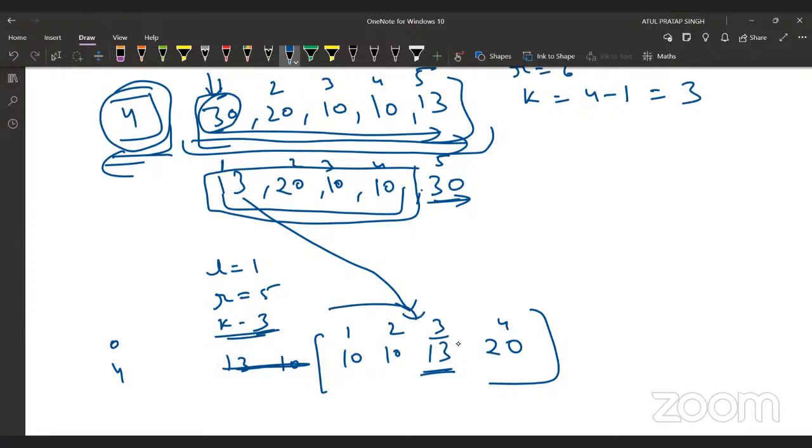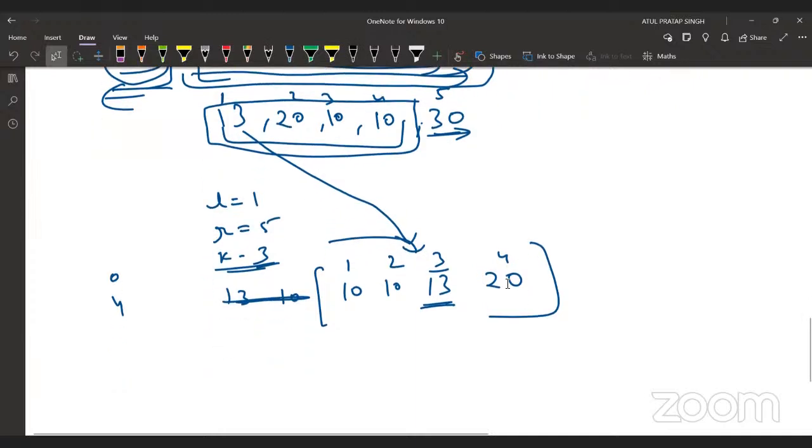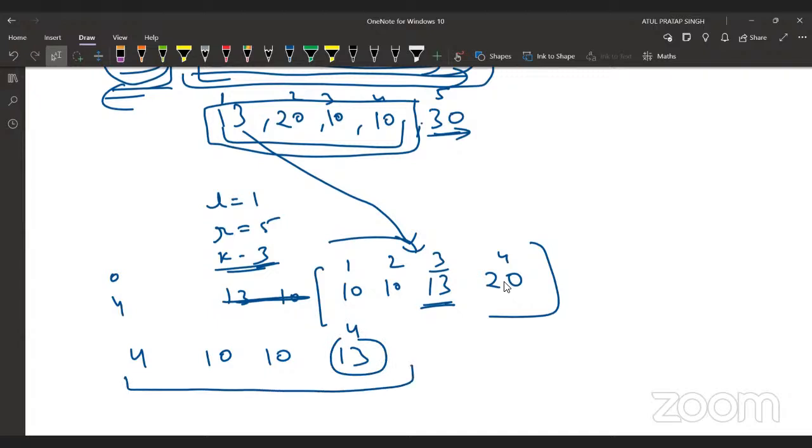If you see the complete sorted list, it is 4, 10, 10, 13. So this 13 is at the 4th position if you consider this 4. Because of that, we reduced this K value, because we discarded the element that comes before the recursive call part.